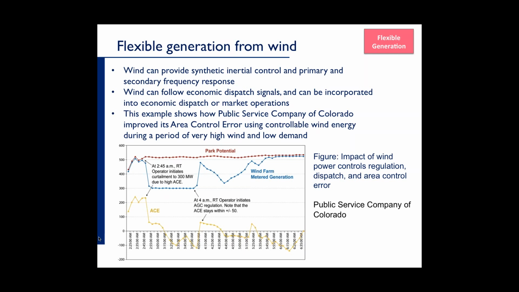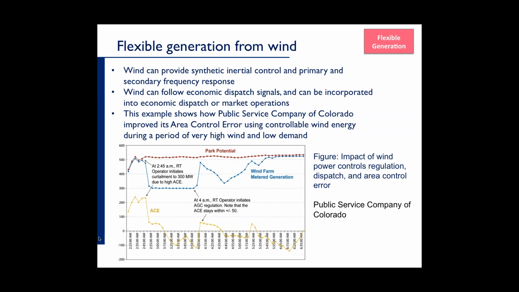You want to have low ACE because the area control error is measuring the imbalance that you have on your system. And for Public Service of Colorado, an ACE that's within about 50 megawatts plus or minus is fine. But the operator came to work and found that ACE was more than 200 megawatts, and the operator said, I've got to do something about that.